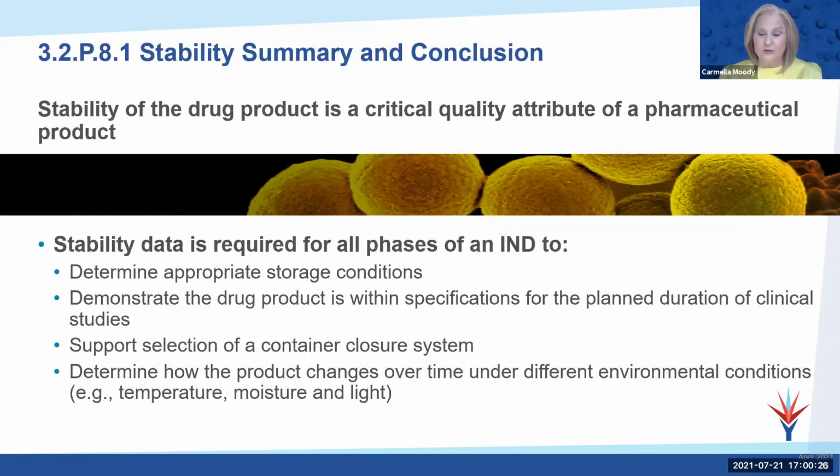And the other thing is that what you need to support your IND is stability data on your clinical trial material that supports from the date of manufacture until the point in time that that drug product is used in your clinical study. So if you have a short clinical study and you go from manufacture to the clinical study ending in 6 months, then all the stability you have to have is 6 months stability.